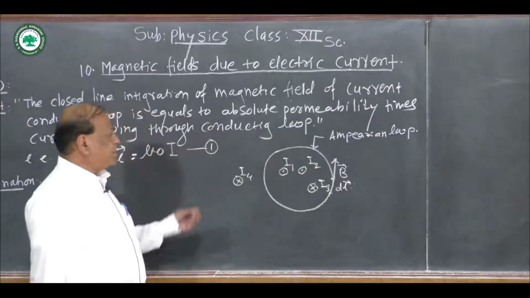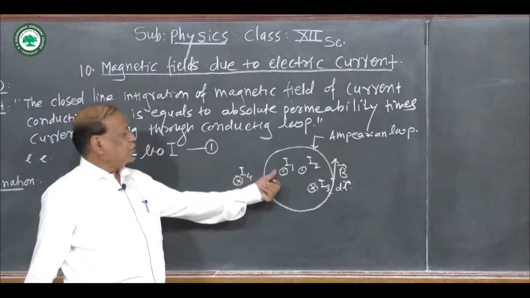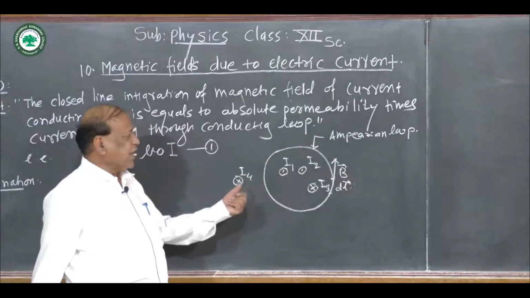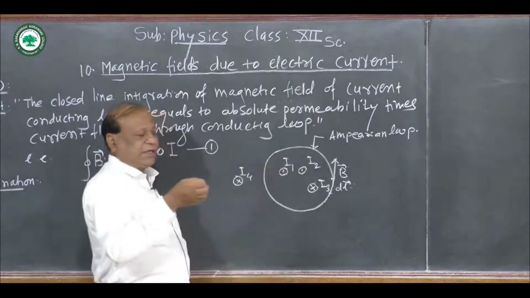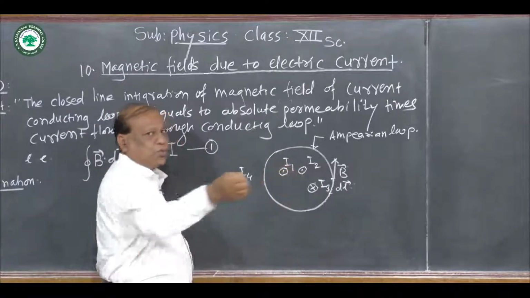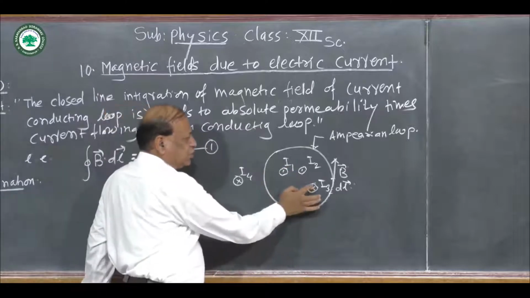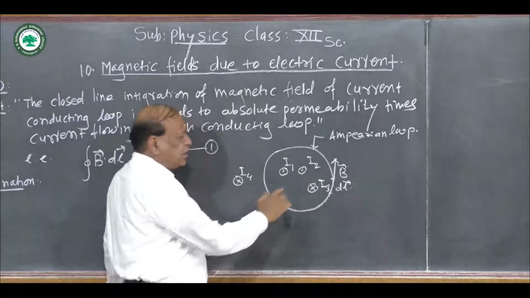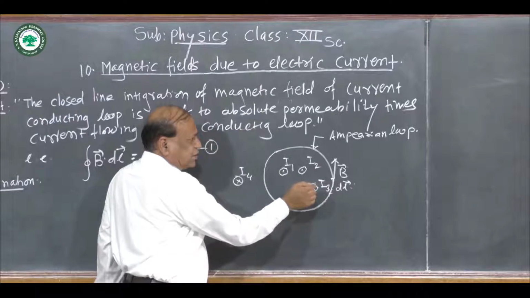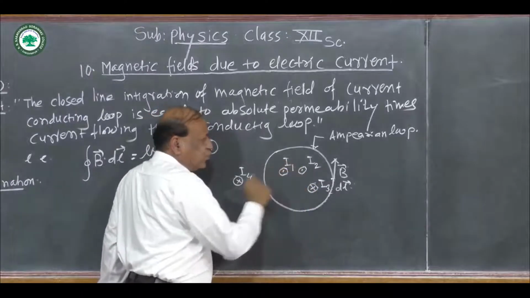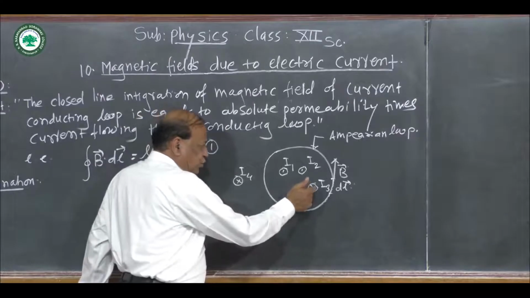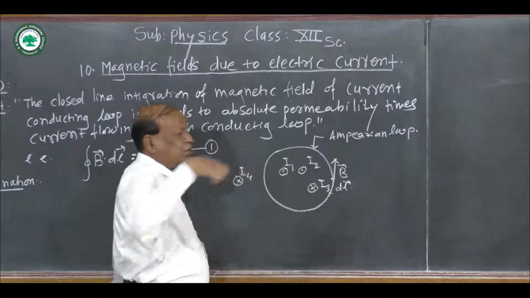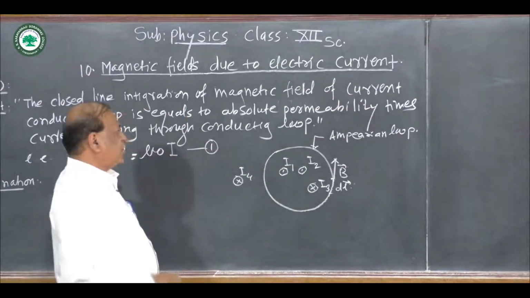Now here this symbol, a dot in a circle, indicates that electric current is directed outward, and this symbol, a cross in a circle, indicates that current is directed in inward direction. Current enters through this one and leaves from this one.